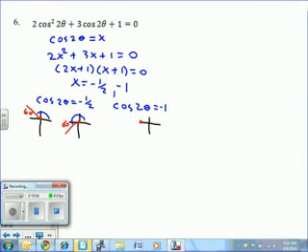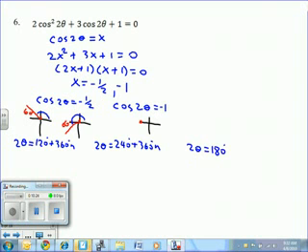So I've got a bunch of different things here. I've got, is it 2 theta? 2 theta equals 120 plus 360n. I've got 2 theta equals 240 plus 360n. And I have 2 theta equals 180 plus 360n.